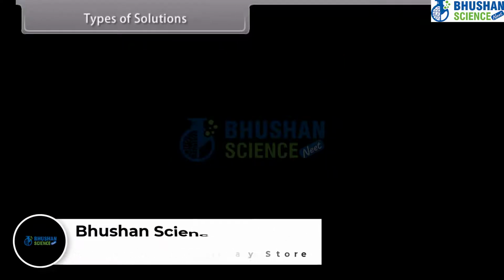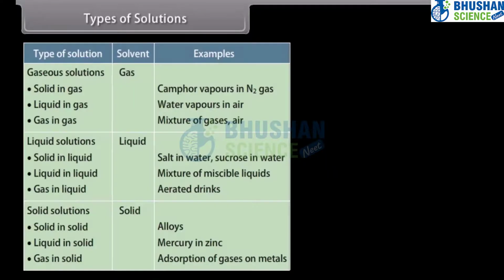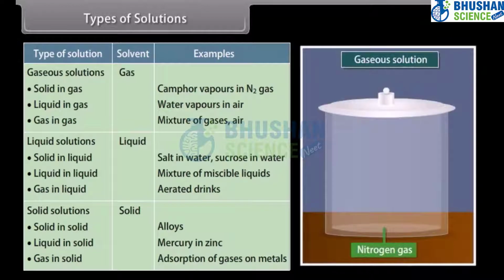Types of solutions. In a binary solution, components can be either solid, liquid, or gas. There are 3 types of solutions: gaseous solutions, liquid solutions, and solid solutions. In gaseous solutions, gas is the solvent.